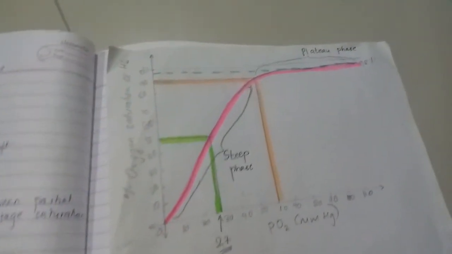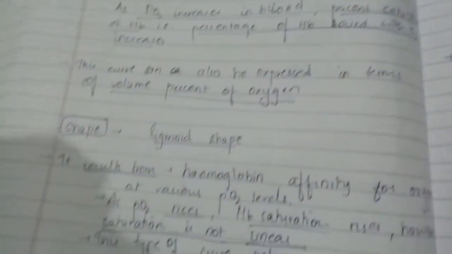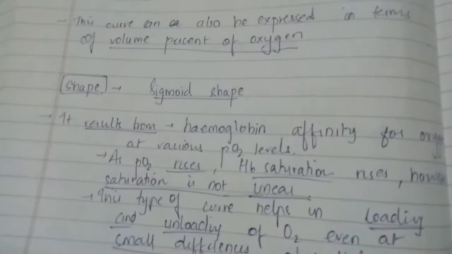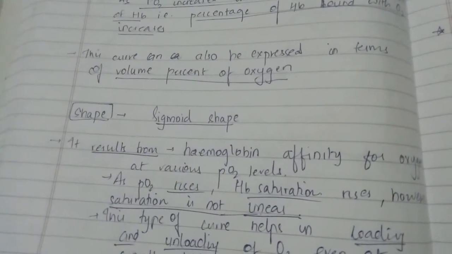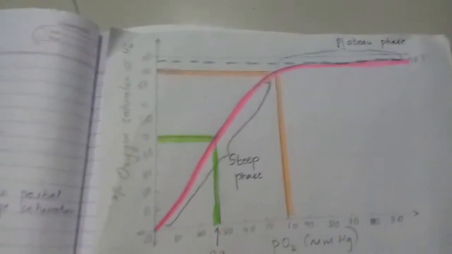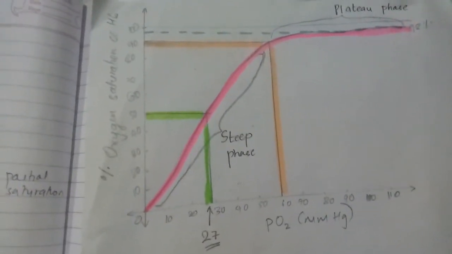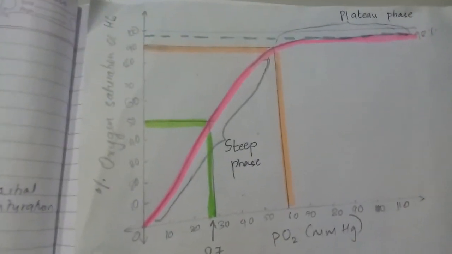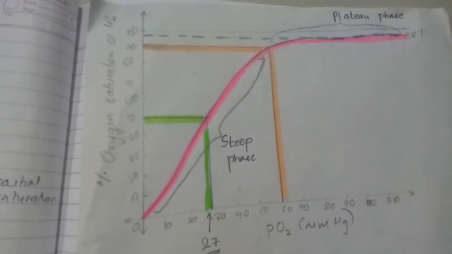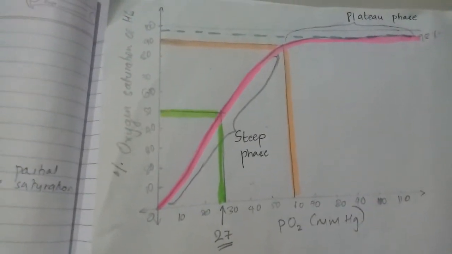Now let's see why this sigmoid shape occurs. The sigmoid shape occurred because of hemoglobin affinity for oxygen at various pH levels. This is one of the reasons, and another reason is the cooperative binding of oxygen with hemoglobin. Now this is another important term that you need to remember.